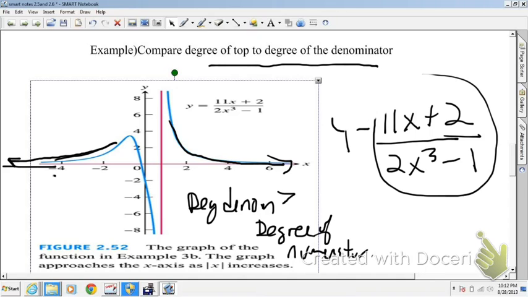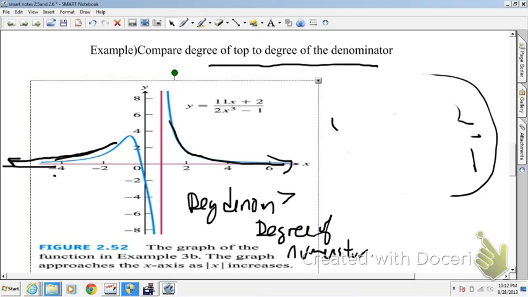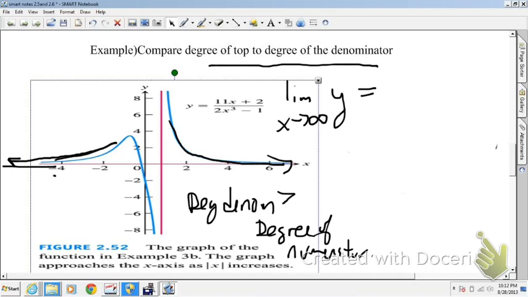We can take more of an algebraic approach now that we know about limits, so let's go for that. Remember a moment ago we said, why don't you divide by the highest power in the denominator and then take the limit? So we have the limit as x approaches infinity, and the highest power in the denominator is x cubed, so let's do 11x over x cubed.